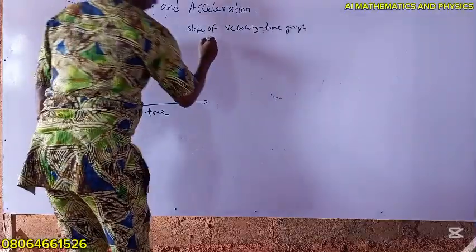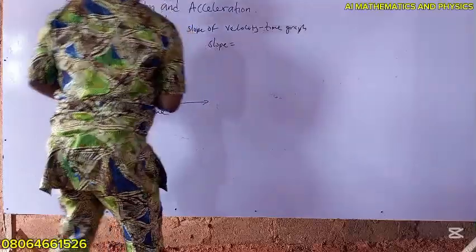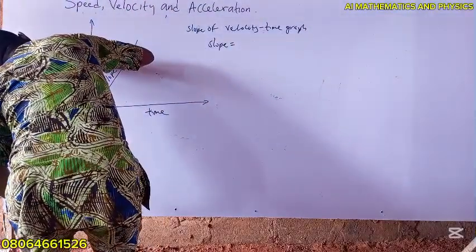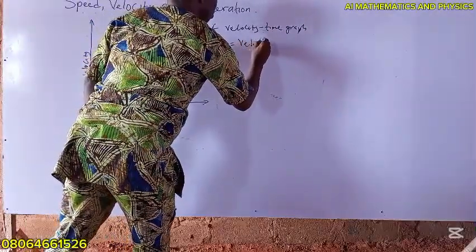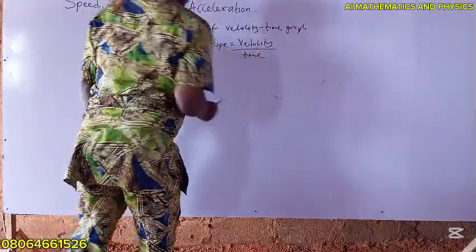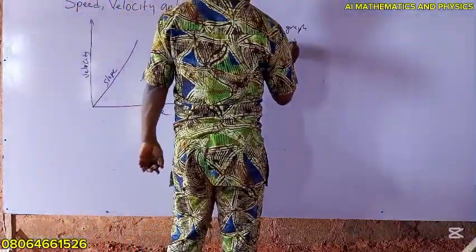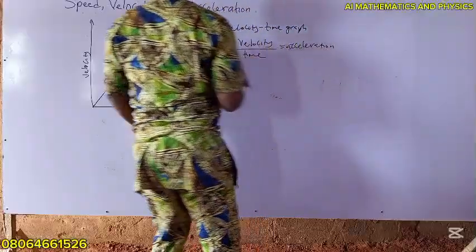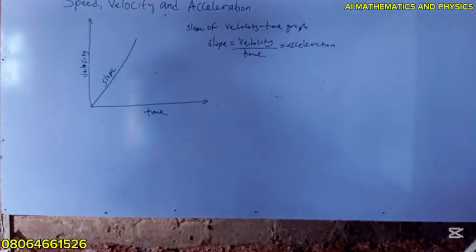What that means is that the slope is equal to velocity over time. And when you have velocity over time, it means acceleration.